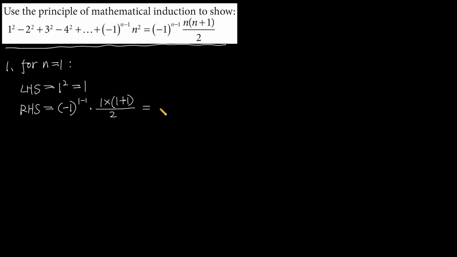This equals -1 to the power of 0 multiply 2 over 2. This equals 1. So left hand side equals right hand side. The result is true for n equals 1.